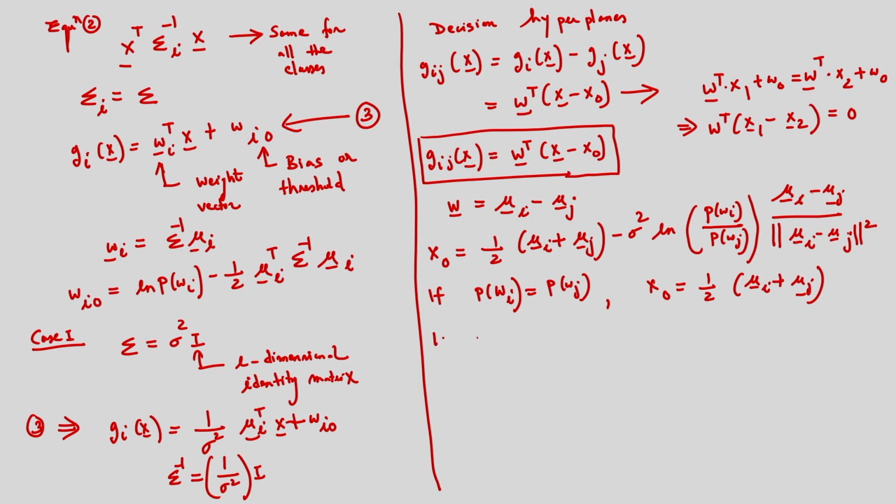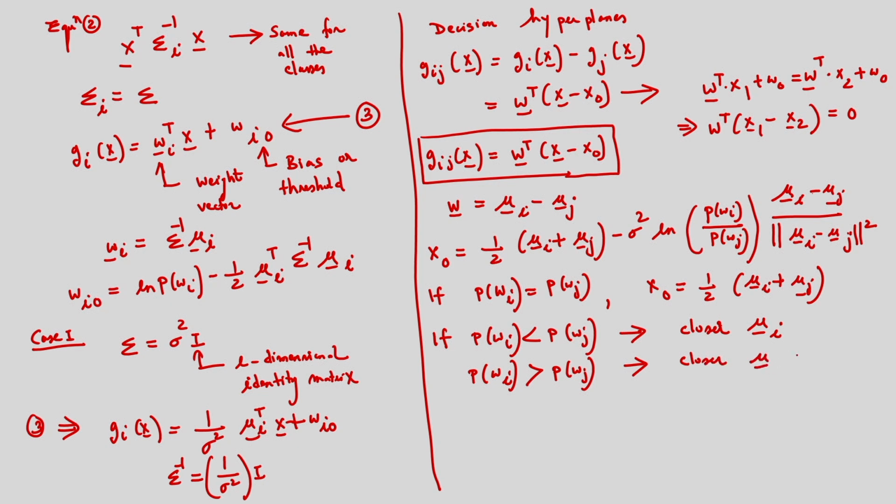And suppose the probability of Wi is less than probability of Wj, then the hyperplane will be located closer to the mean vector mu I. And if the probability of Wi is greater than probability of Wj, then the hyperplane will be located closer to mu j, the mean of Wj.